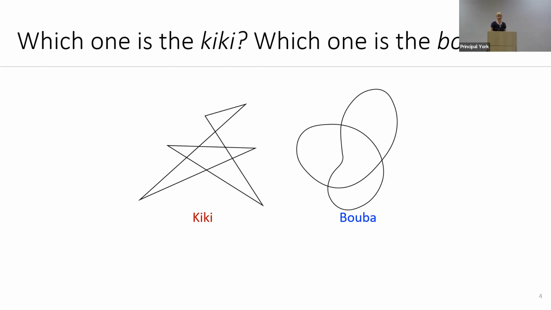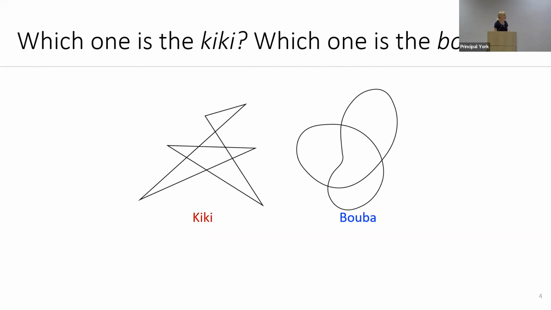And this is the well-known phenomenon of sound symbolism. The idea that the mapping between sounds, words, and their meanings is not always fully random, but that there can be linkages between, for example, certain phonemes and the shape properties that they refer to, like round and sharp.